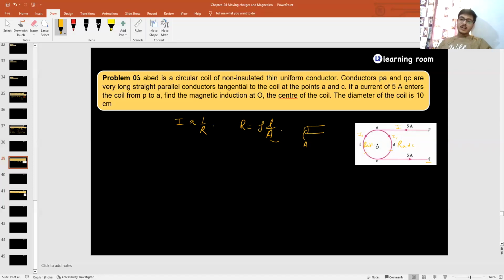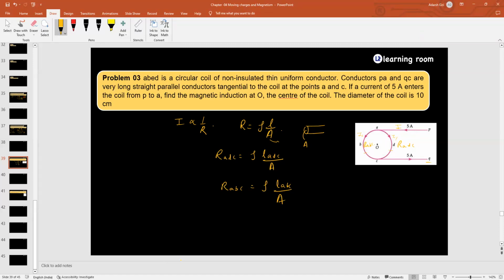Now, if you write the RADC, you'll be writing rho LADC upon area of this particular section, and then RABC is rho into LABC upon the same area. Agree? Yes or no?